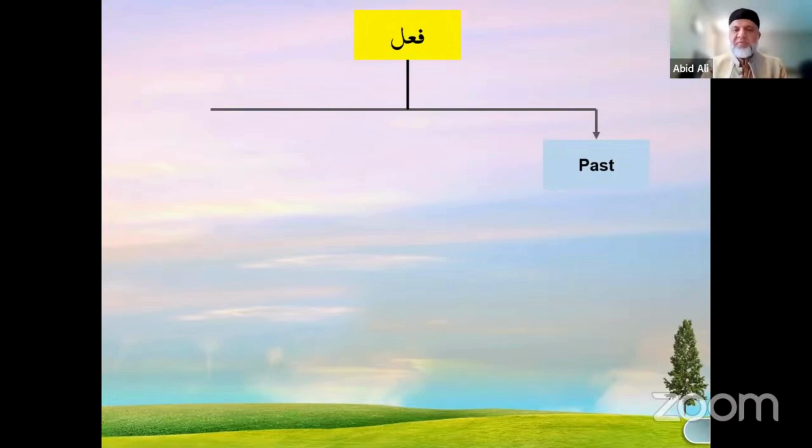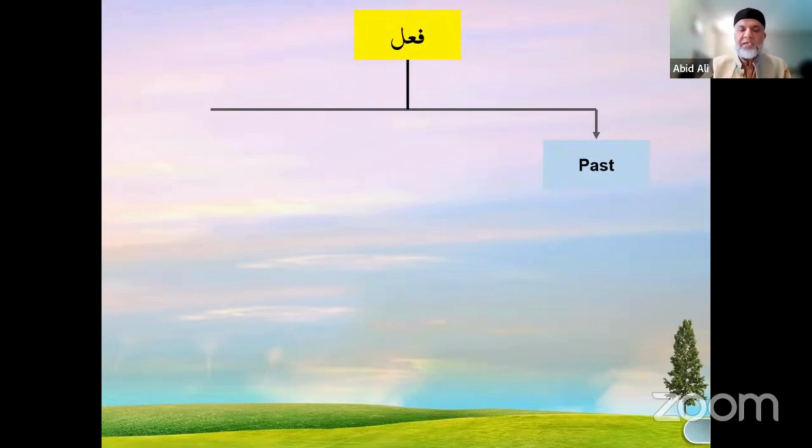And what is the difference between a fail and an ism? An ism is an infinite thing. If I say book, I don't need to concern myself whether I'm talking about a book in the past, the present, or the future, because it does not require me to know the time associated with the word book.